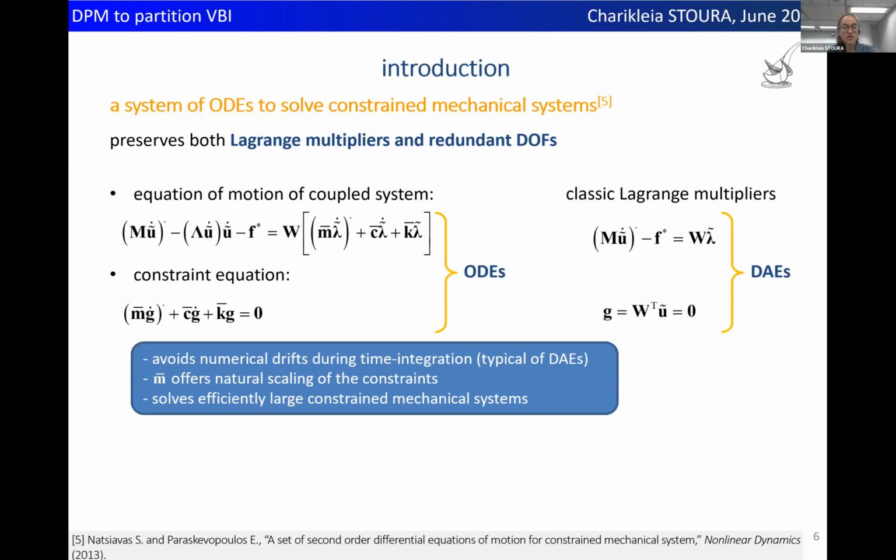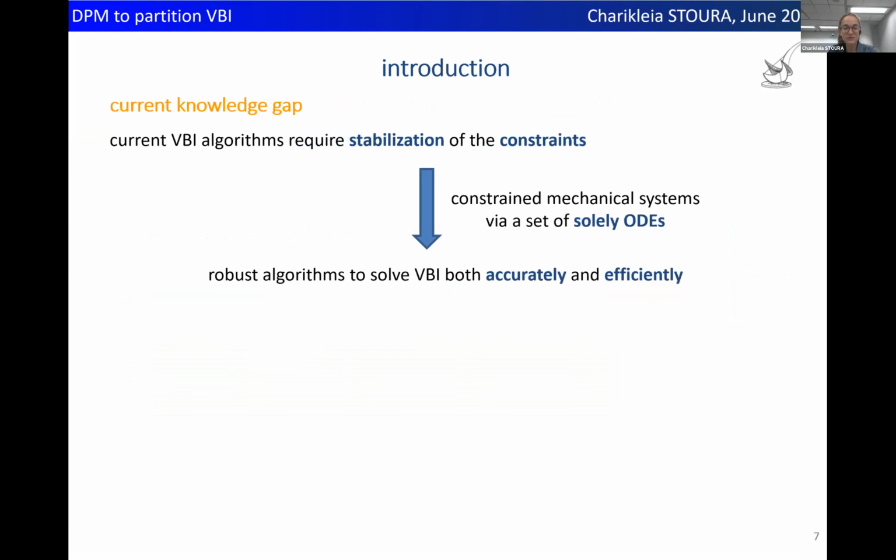This system of equations solves the system of exclusively second-order ordinary differential equations, which avoid the instabilities and the difficulties which are associated with differential algebraic equations. In addition, the constraint coefficients of the constraint equations and Lagrange multipliers offer a natural scaling of the constraints. Lastly, this approach is appropriate for large constrained mechanical systems.